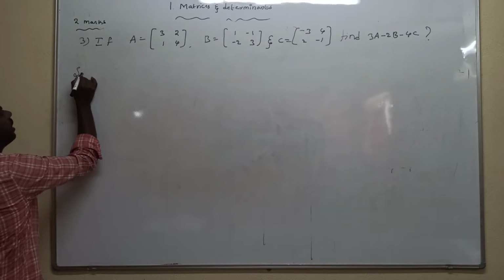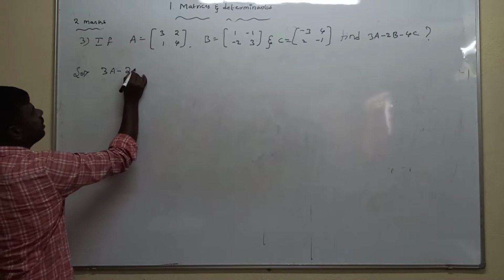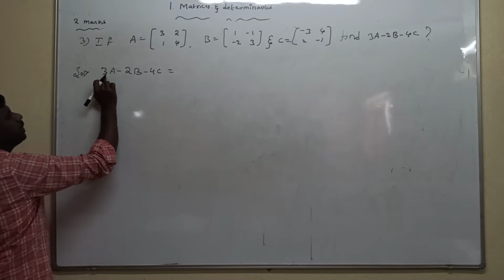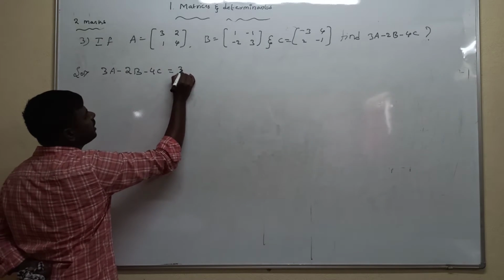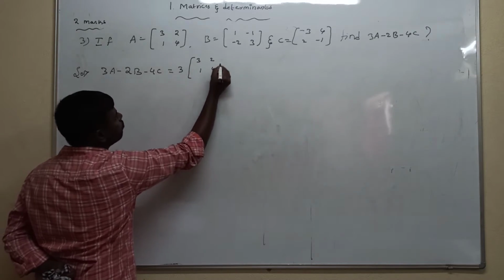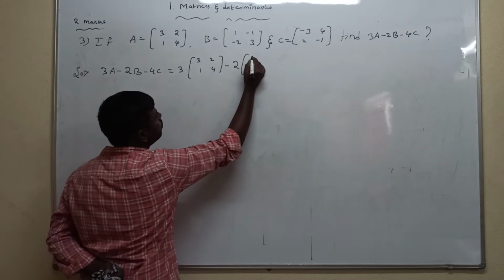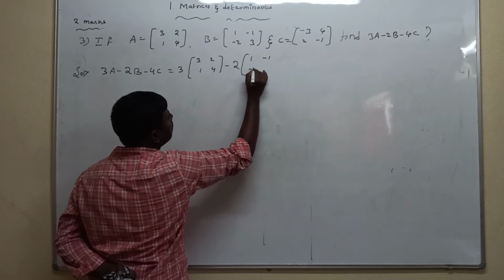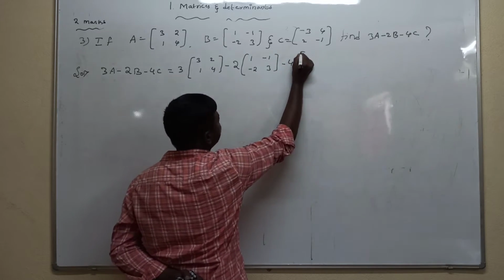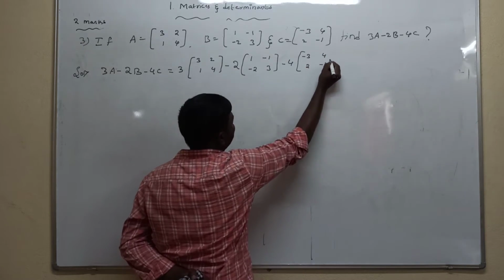First of all, they are asking 3A minus 2B minus 4C is equal to 3 into substitute A matrix, which is 3, 2, 1, 4. Next one is minus 2 into substitute B matrix 1, minus 1, minus 2, 3. Next one is minus 4 into substitute C matrix, which is minus 3, 4, 2, minus 1.